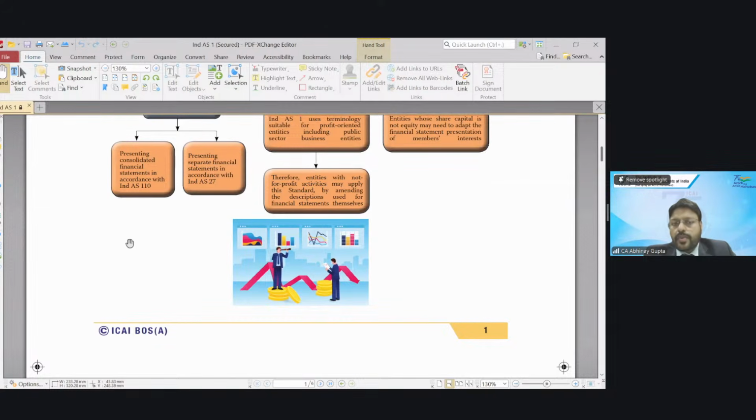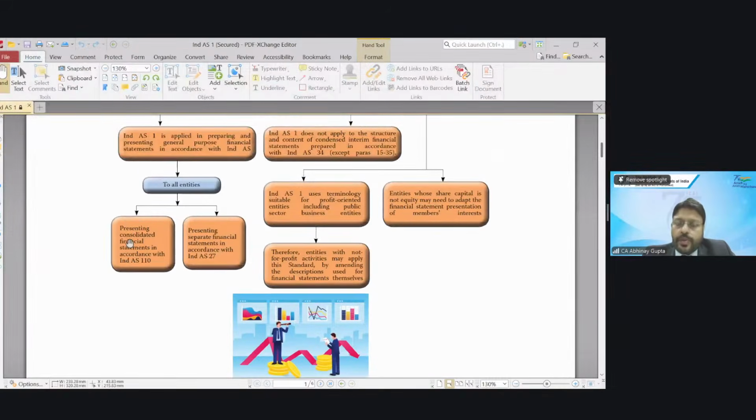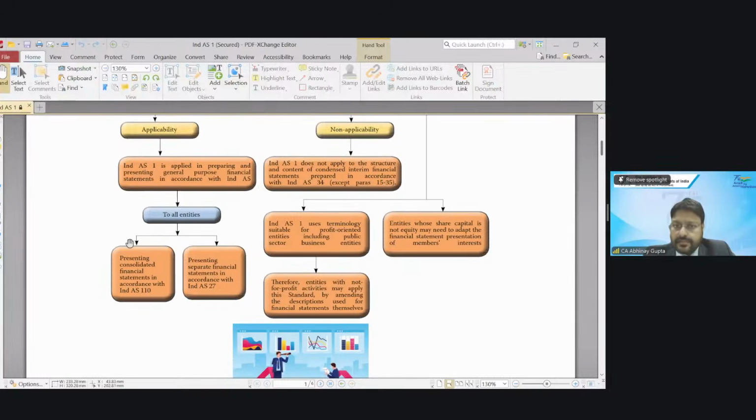And if you are not preparing the CFS but are preparing the separate financial statements as per Ind AS 27, then also you need to follow Ind AS 1, right? Ind AS 1 doesn't tell you whether you need to prepare the separate or the consolidated financial statements, but it tells you, if you are preparing one, how the presentation would look for these financial statements, right? So that's the scope of the standard.